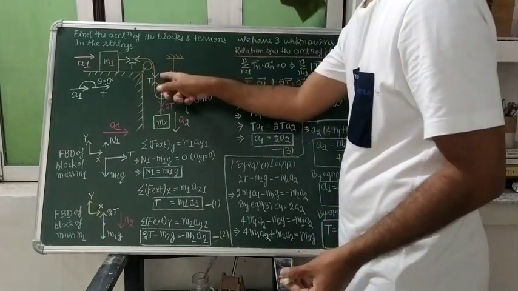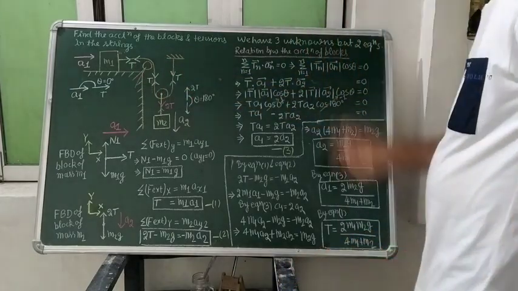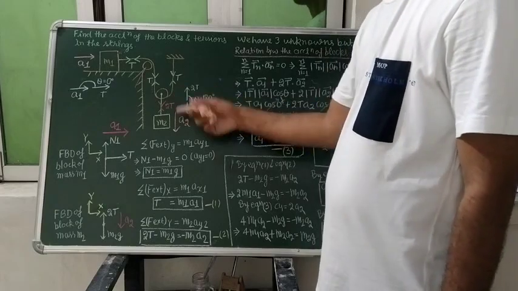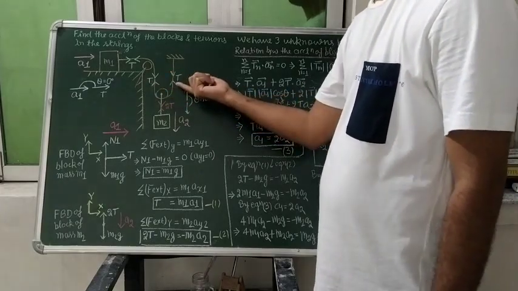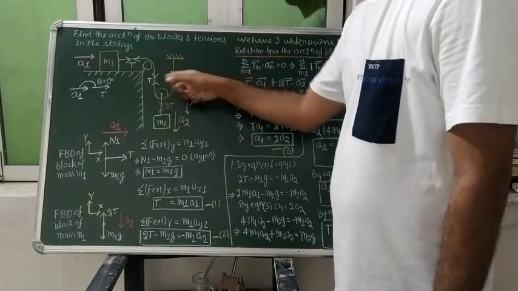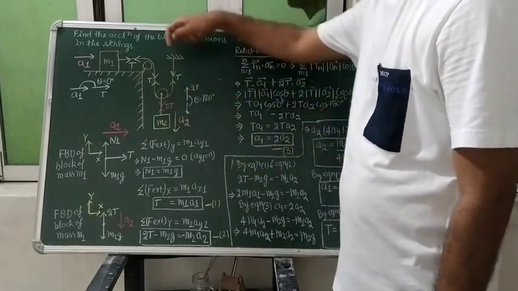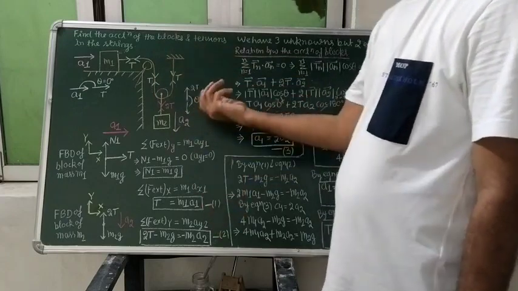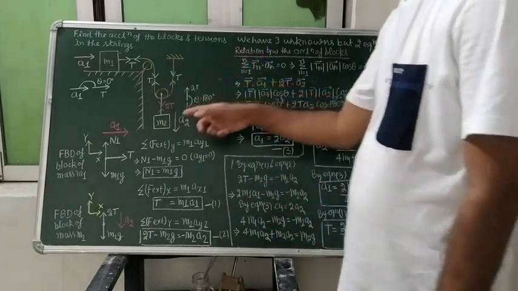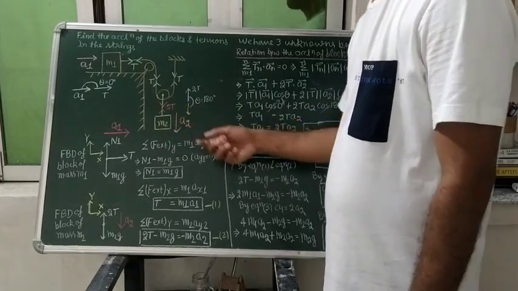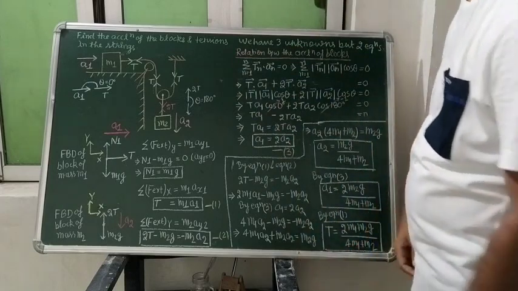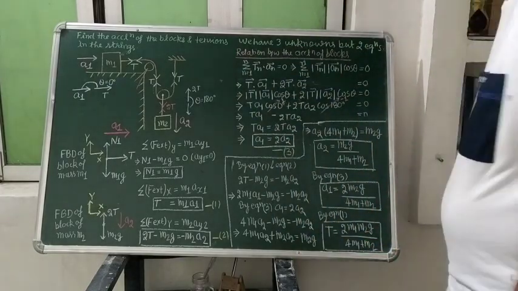So here T and T we will get. And when we draw the free body diagram of this pulley, since T and T act in the upward direction, T plus T will become twice of T. That should act in the downward side for the object of interest, this pulley. And for the object of interest, this mass, the tension will be in the upward side and it will be along the string only.